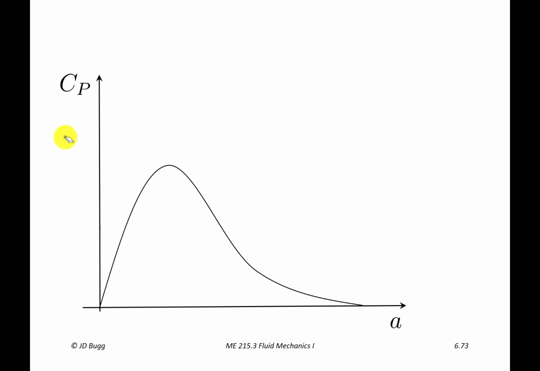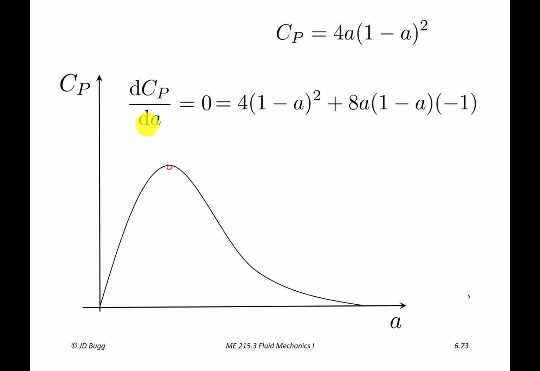So the other point that we're obviously interested in is right here. What does the axial induction factor have to be to give us that maximum value of CP? That's what we want to know. Now, we can find that out. So, we know that at this location, dCp by dA, in other words, the slope of that line, has to be equal to 0. Well, we know that Cp is related to A by that, so we can differentiate this, and if we do that, we get 4 times (1 minus A) squared plus A times 2(1 minus A) multiplied by minus 1, the derivative of the minus A inside here.